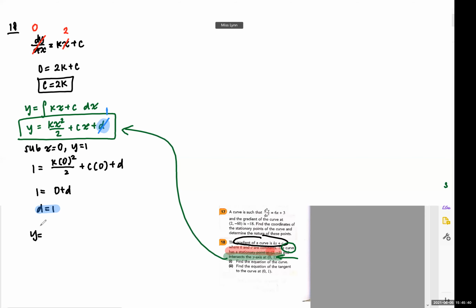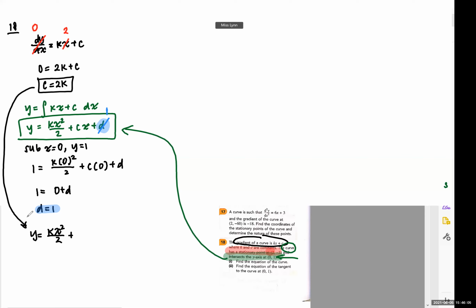Do I have the value of k? No. Okay, so I just put k first. And then I have x squared over 2 plus, do I have my c? No. I have. Here.